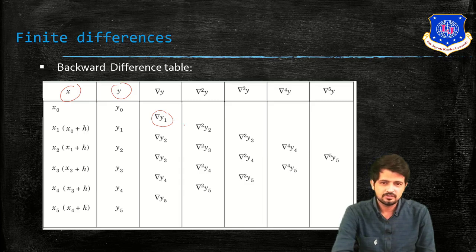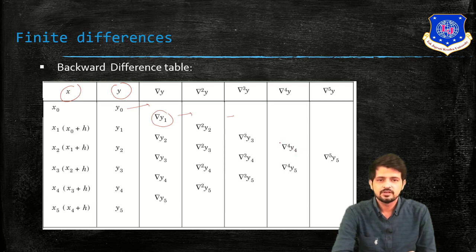As we go further, we have to reduce the value from the top, right? For example, here y0 has been neglected. In the second, y1 will be neglected. In the third, y2 is neglected, so we have to directly start from y3. In the fourth, y3 is neglected, so we have to start from y4.